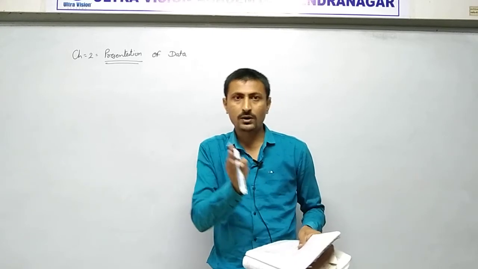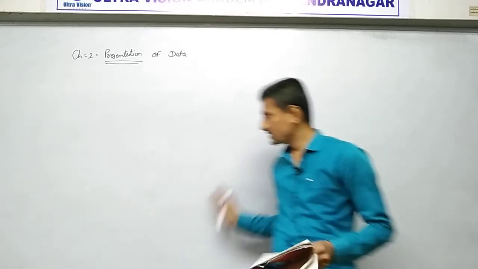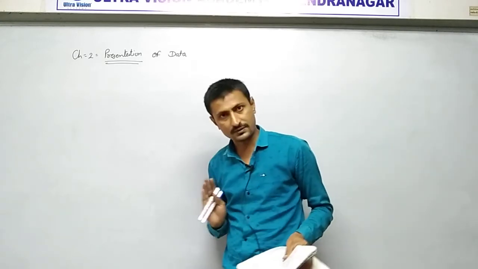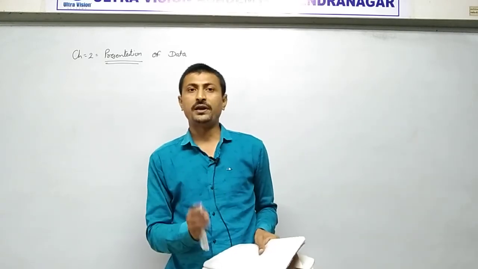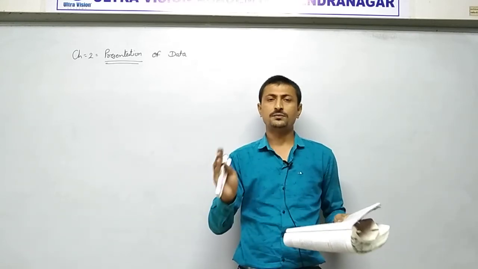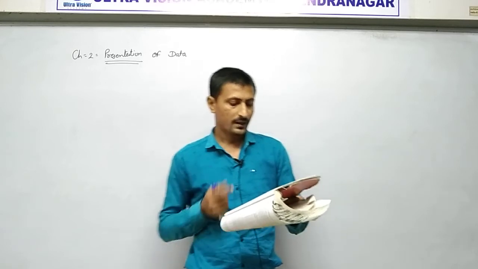The table is called a discrete type of frequency distribution. And for group data, a grouped continuous variable means continuous frequency distribution.